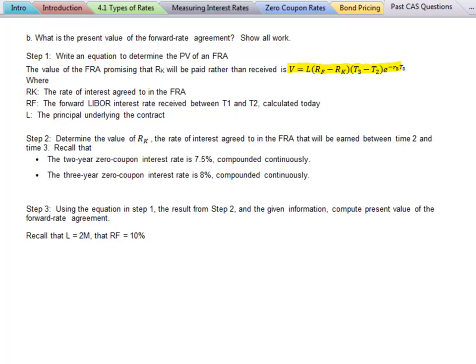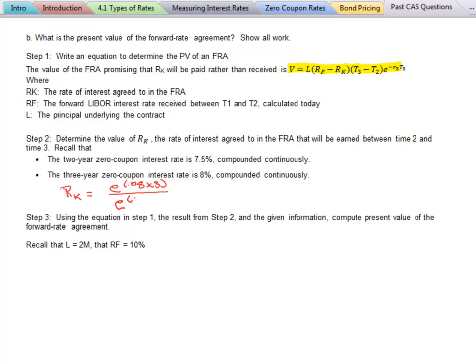Recall that we were given that the 2-year zero coupon interest rate is 7.5% compounded continuously, and that the 3-year zero coupon interest rate is 8% compounded continuously, and therefore R sub K is equal to e to the 0.08 times 3 divided by e to the 0.075 times 2, minus 1, and therefore R sub K is equal to 0.0942.